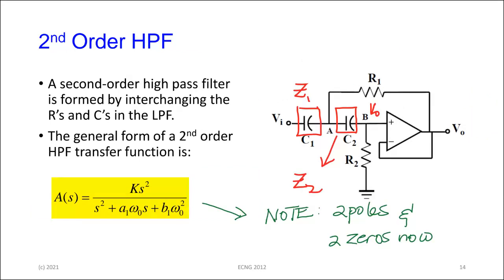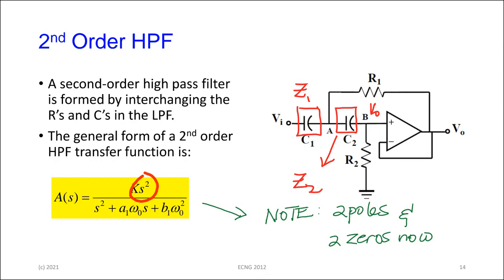Right, so we can move along now, and like we did with the low pass filter, if you interchange the capacitors and resistors, then we convert the type of filter from a low pass filter to a high pass filter. By doing that, we introduce two zeros into the transfer function.